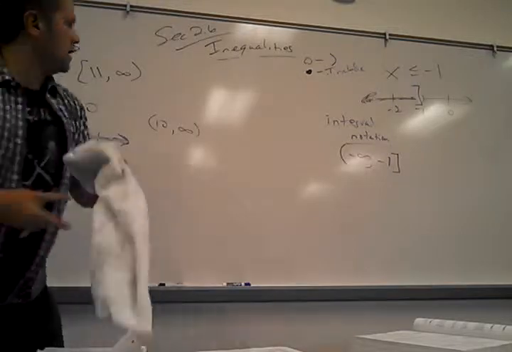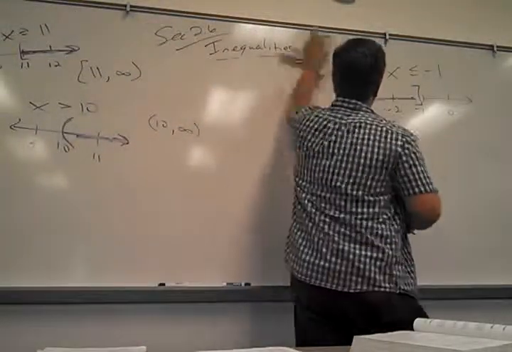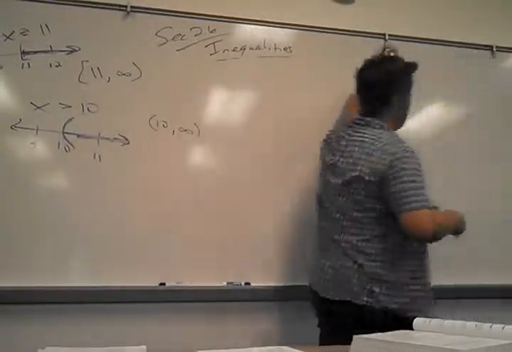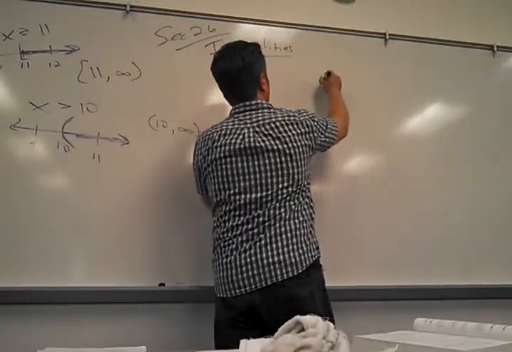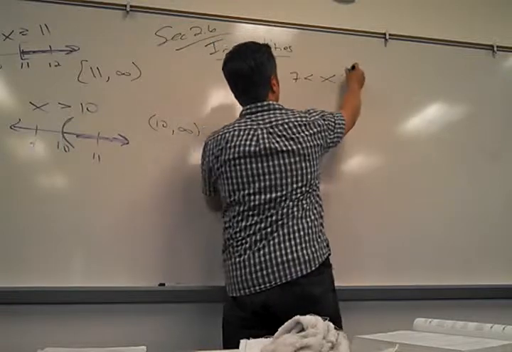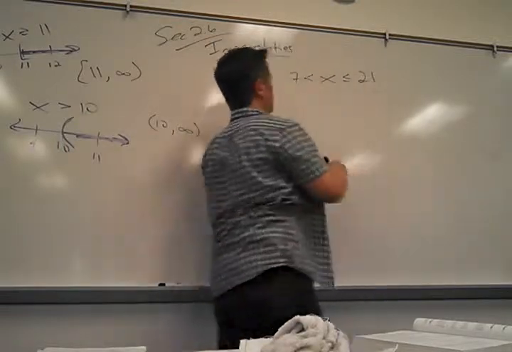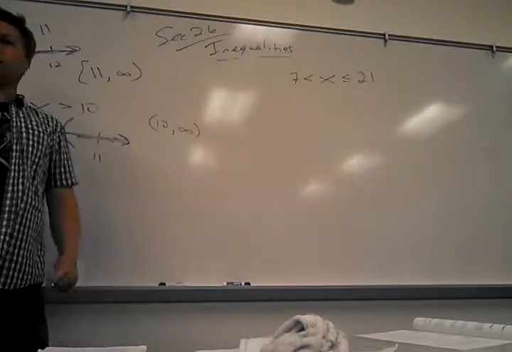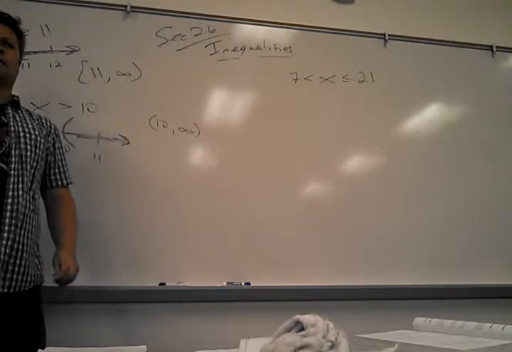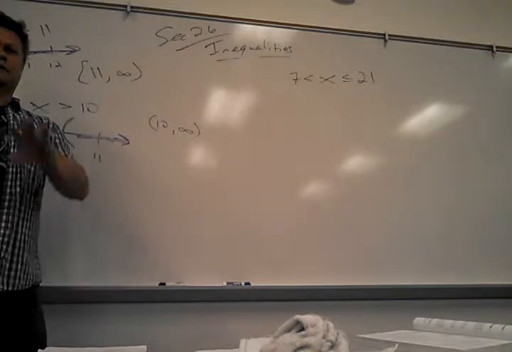So what about this here then, before we get into solving inequalities? Do I have to divide by 7? No, I don't have to do a thing here, right? Is the x by itself? Yes, it's in the middle there, right?